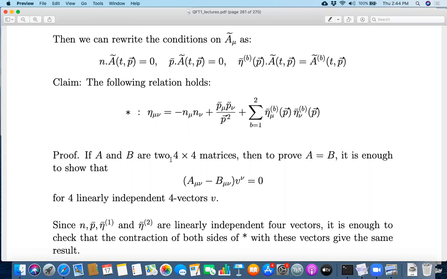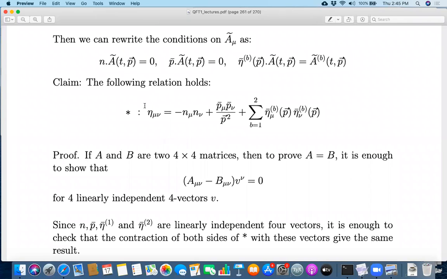Then it is enough to show that if we take the difference A mu nu minus B mu nu and contract with some vector V, and this is 0 for 4 linearly independent 4 vectors, then this matrix is identically 0. The reason is that any 4 vector can be expressed as a linear combination of these 4 different 4 vectors. So if this is true for all of these 4 linearly independent 4 vectors, then it is true for any vector. That basically means that this matrix must be 0, because a 4 by 4 matrix contracted with any vector giving 0 can only happen if the matrix itself is 0.